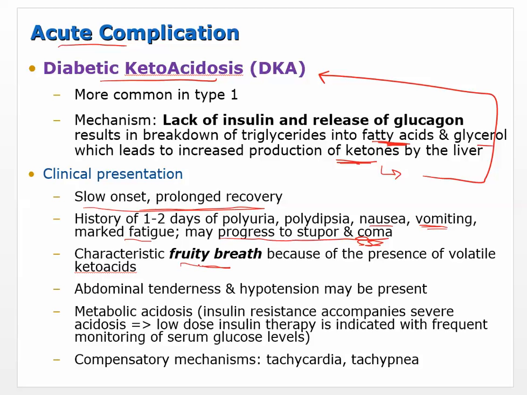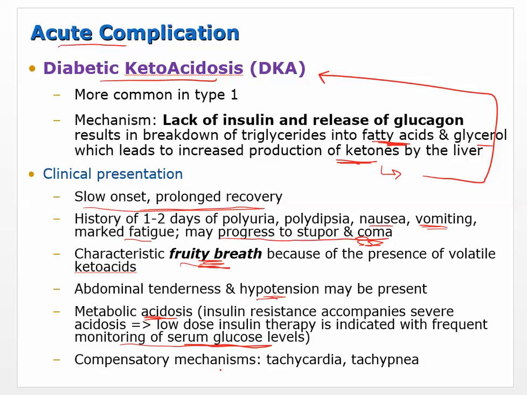Characteristic fruity breath, because these ketones are volatile and give off a fruity odor. Abdominal tenderness, hypotension, so lowered blood pressure. Metabolic acidosis. Insulin resistance accompanies severe acidosis. Low-dose insulin therapy is indicated with frequent monitoring of serum glucose levels. So yes, this is an acidosis type of situation.